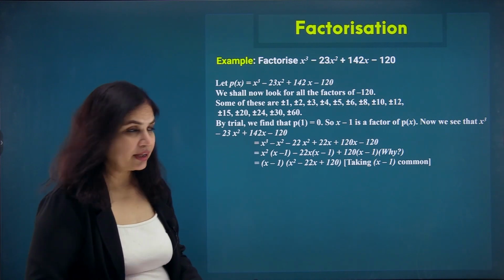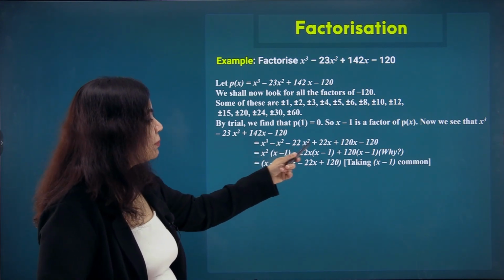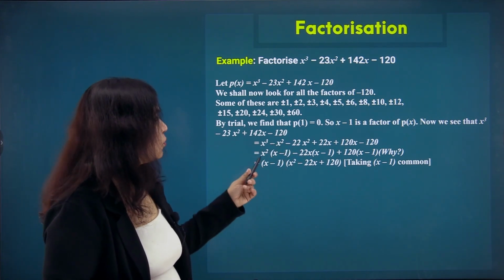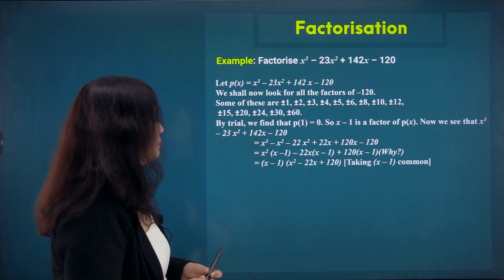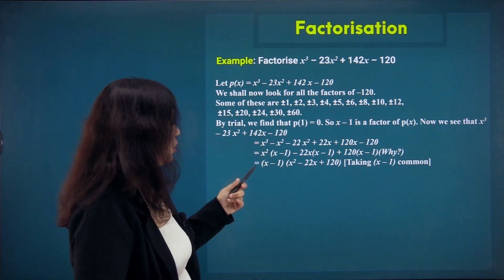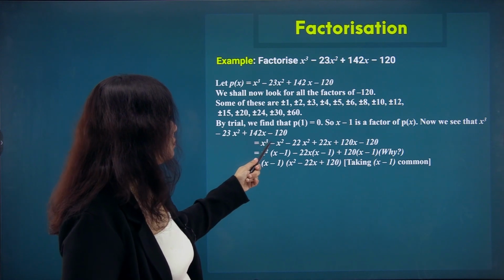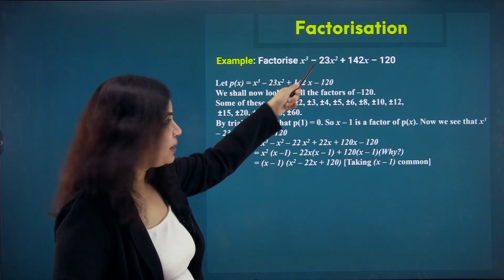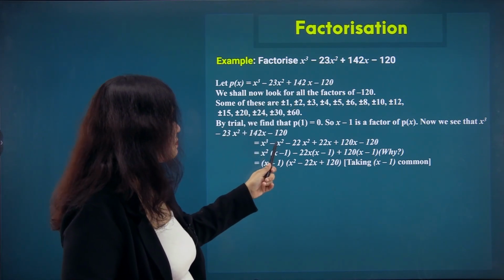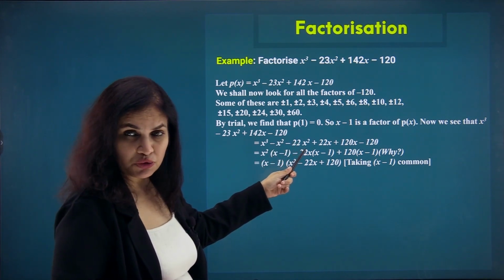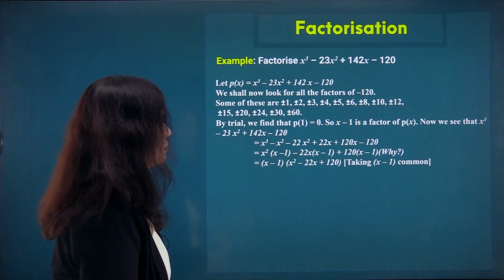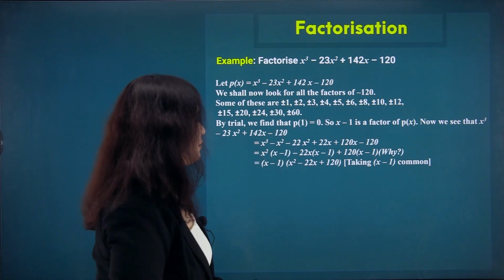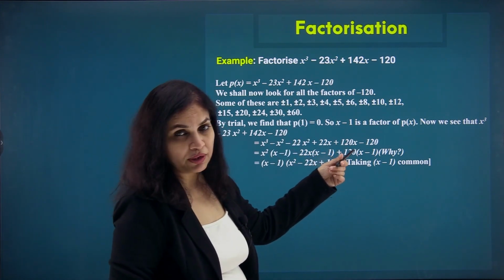See, what have I done here? I have grouped and taken common. Grouping and taking common, what do we see? That x cube, I have split up 23x square as minus x square and minus 22x square. Then 142x I have split up as 22 plus 120.